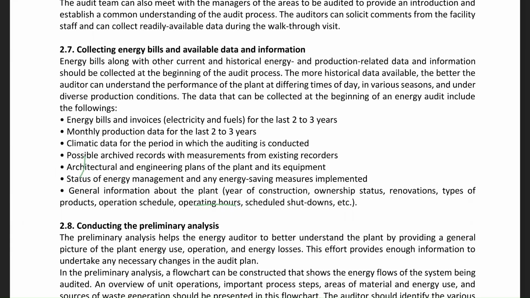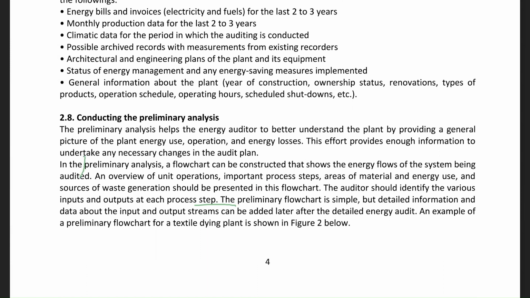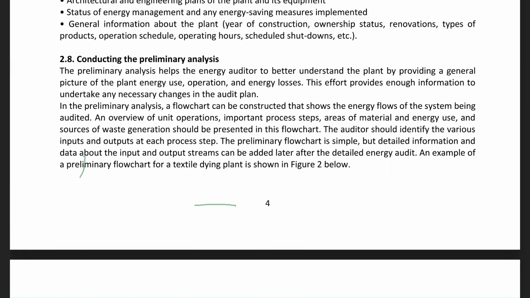Then, what is the status of their energy management plan? If some energy saving measures are already being implemented, how good or bad the position is, that is to be checked. General information of the plants is also taken into consideration. For example, what is the year of construction, what is the ownership status, whether some renovations were carried out after the beginning or not.